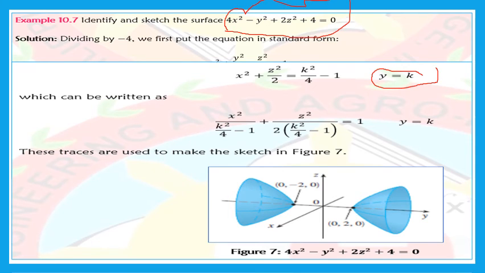Okay, so we have x squared over k squared over 4 minus 1 plus z squared over 2 times k squared over 4 minus 1, which is equal to 1, at y equals to k. So, ito yung simplified form niya. So, these traces are used to make the sketch in this figure. Okay. Ito yung figure ng hyperboloid of two sheets.